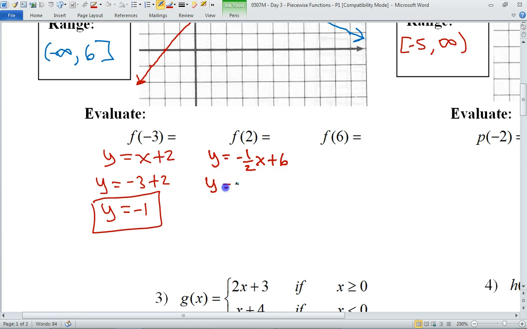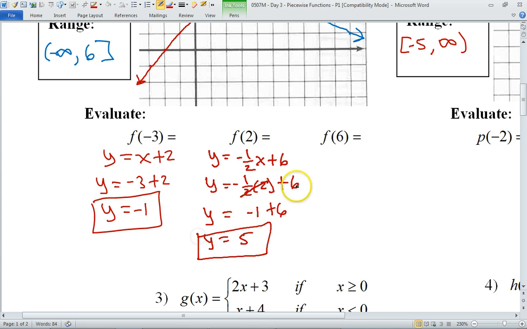This becomes y equals -1/2 times 2 plus 6. Now, if you needed to, you could put this in your calculator. Okay, but I know that these 2's are going to cancel out. That makes -1 plus 6. That makes 5. But if you needed to type it into your calculator, you may. But you should get 5.